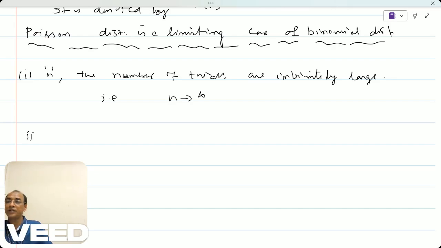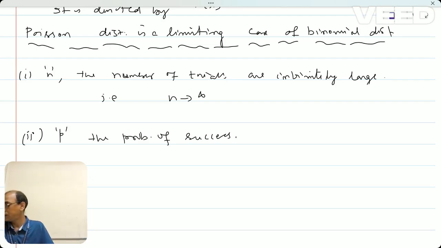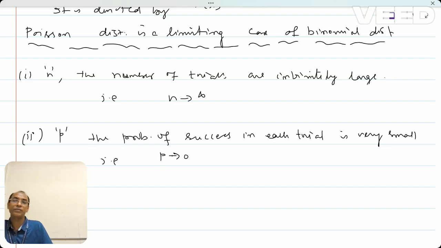The second condition is that P, the probability of success in each trial, is very small, that is, P tends to 0.